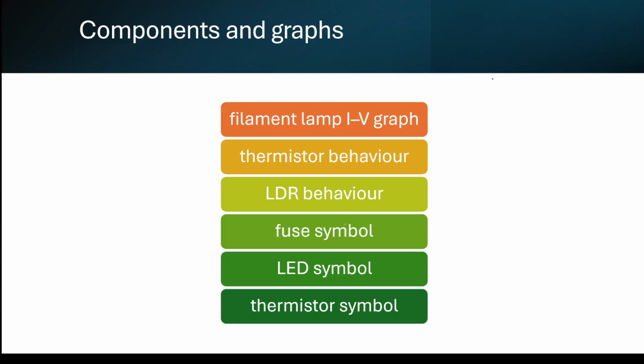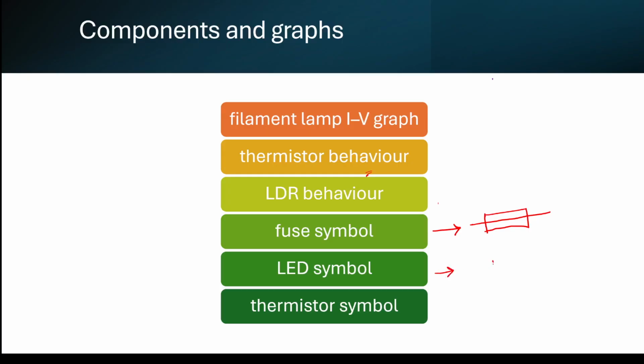Symbol for the fuse, I'm pretty sure you all know that, but this is one of the common things which examiners love asking. So this is the fuse. What's the role of the fuse? It disconnects the circuit when the current is high, so that your electrical device or the circuit is not damaged.